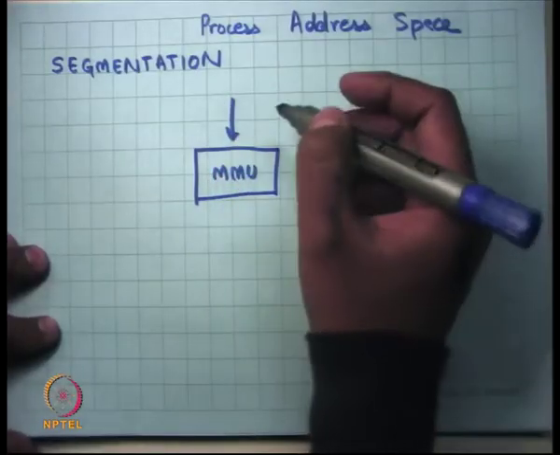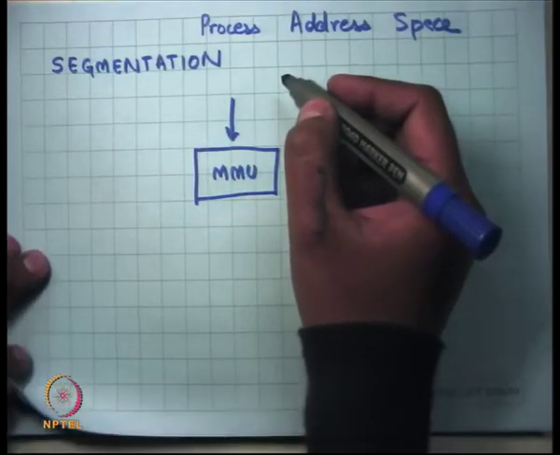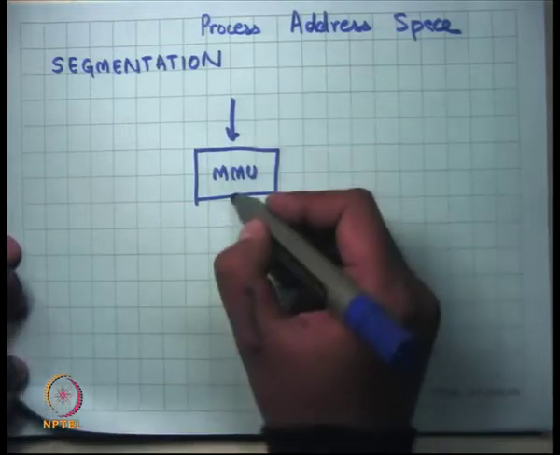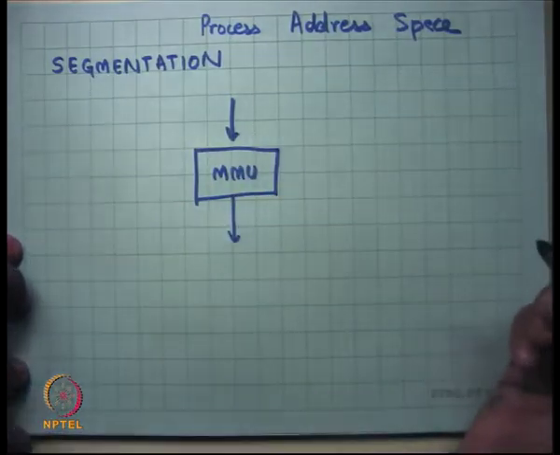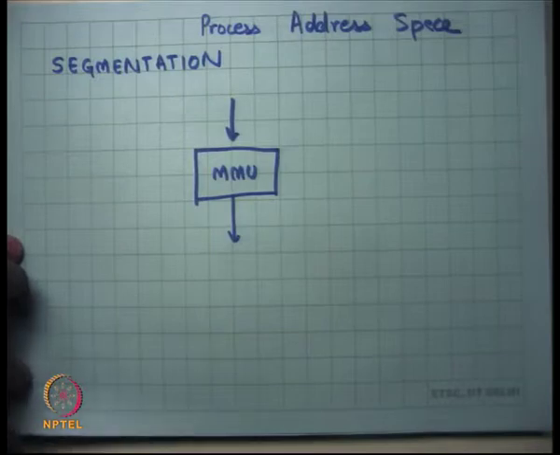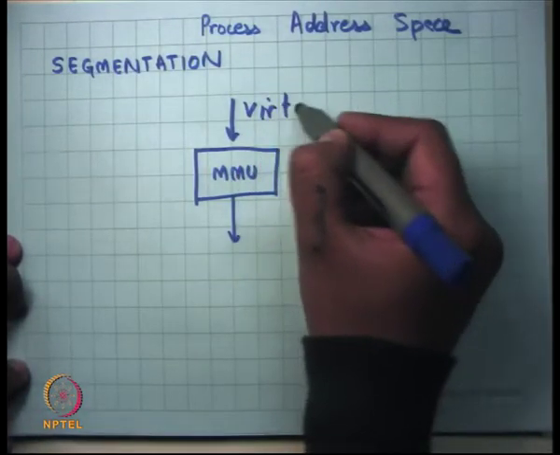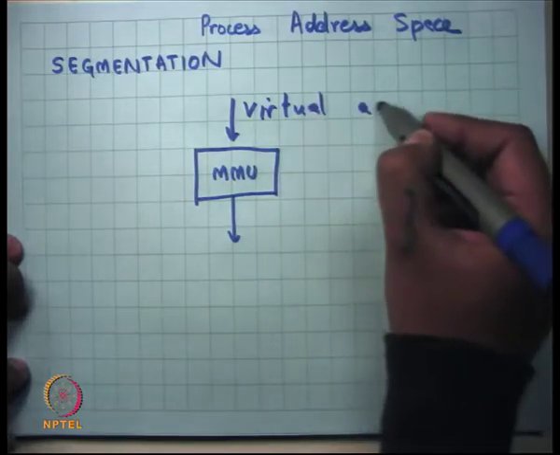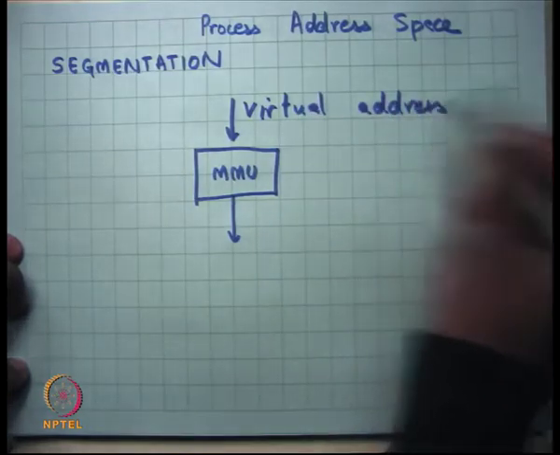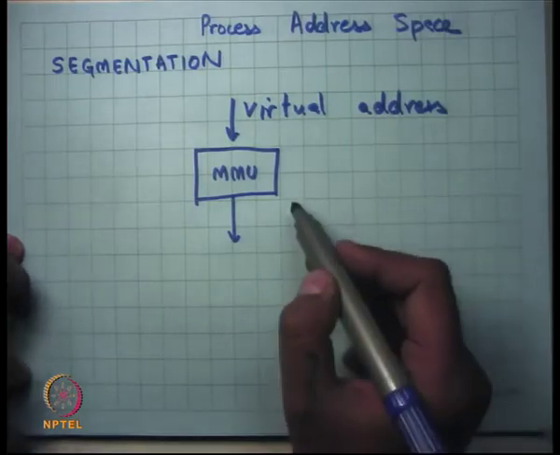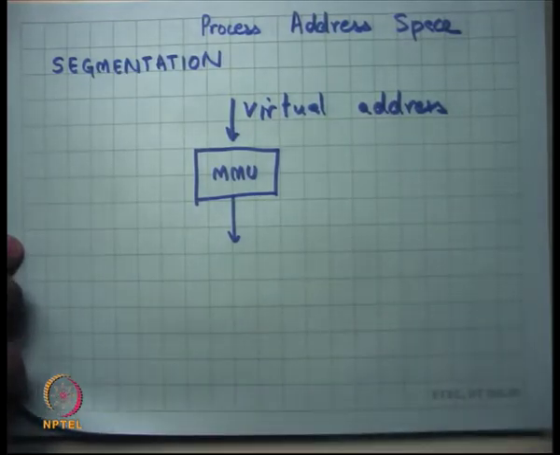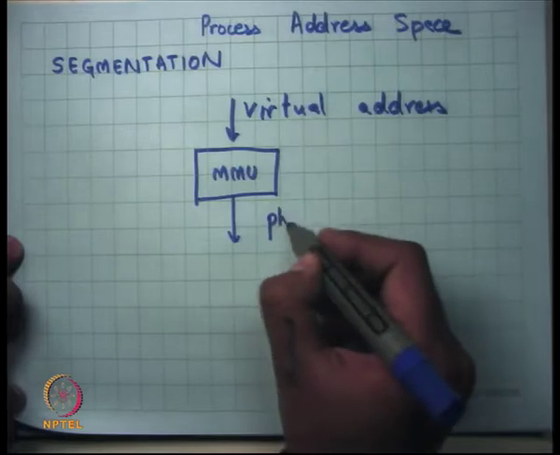Here is an address that the program gives you, and here is the address that actually goes out on the wires to the memory, right? So let's say that the address that the program gives you is a virtual address, and the value that actually goes out on the wire physically is called the physical address.